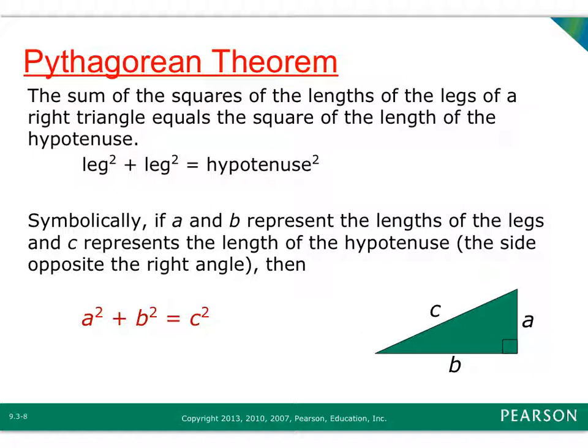Symbolically, if A and B represent the lengths of the legs and C represents the length of the hypotenuse, then we have A squared plus B squared is equal to C squared. You will notice that this is our triangle that we are looking at, and so this is the relationship of the equation called the Pythagorean theorem.